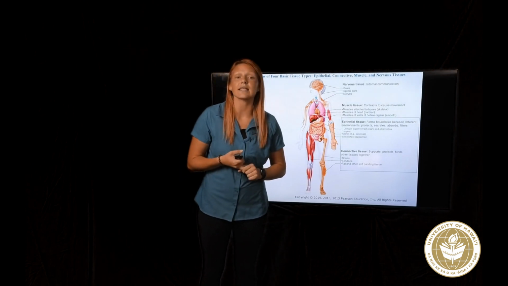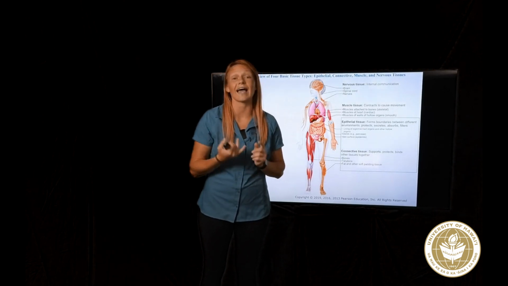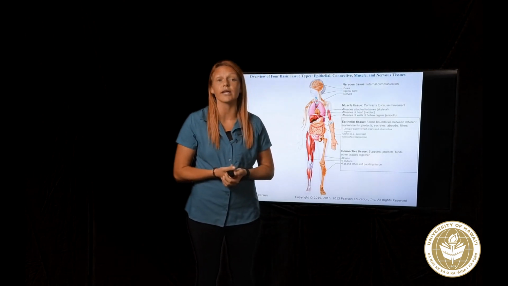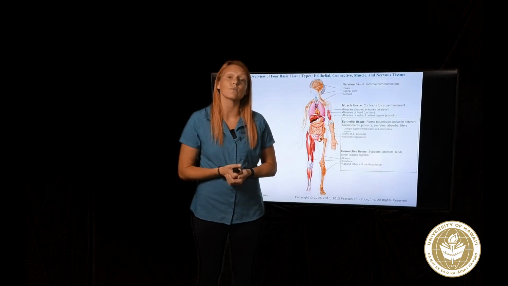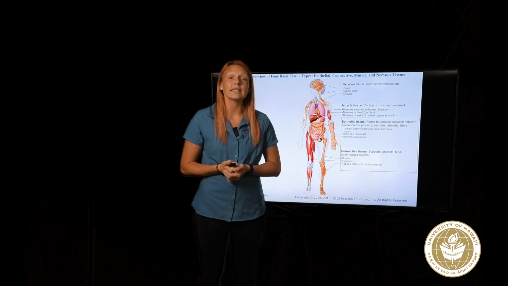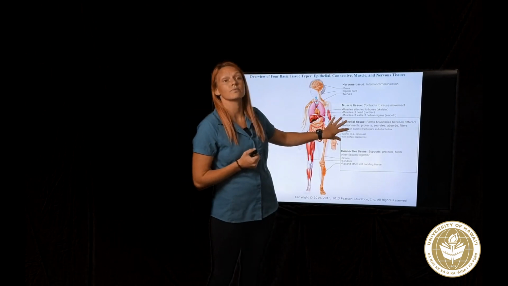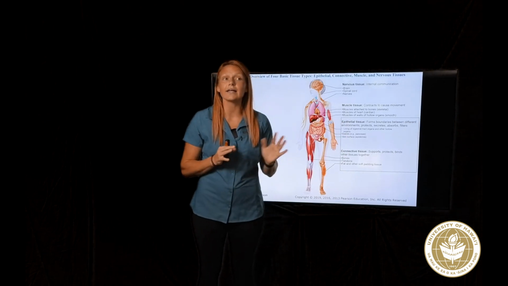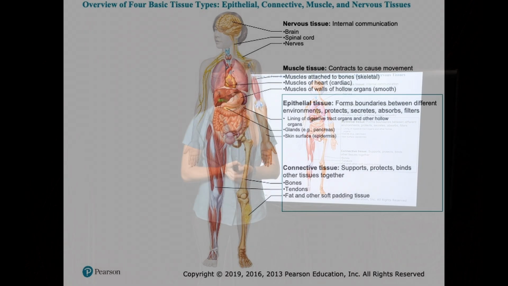So places in our body where we find epithelial tissue include the lining of our digestive tract organs, other hollow organs, our glands, as well as our skin. So again, today we're going to focus on epithelial tissue, and we're going to cover the rest of chapter 4 in lecture 4B.